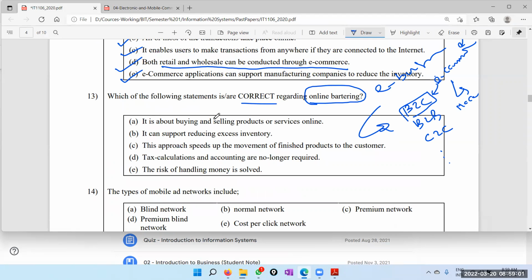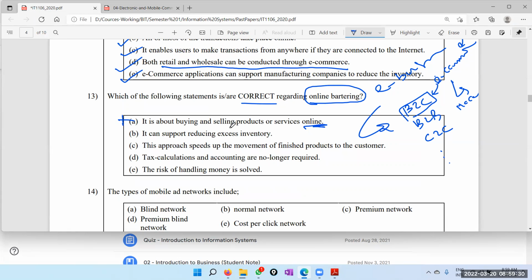It is about buying and selling products or services online. No, right? It's not actually buying and selling. It's exchange of your goods. It can support reducing excess inventory. Is it the case? I don't see that, right? Sometimes exchanging goods and services takes more time because you have to find someone who is really in need and you are also getting another product.